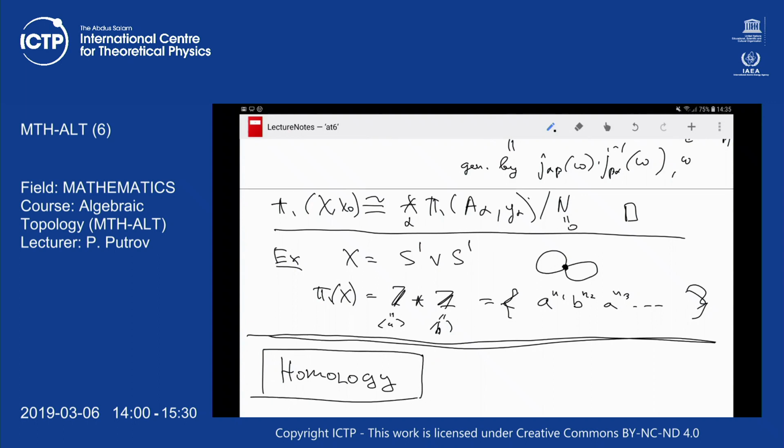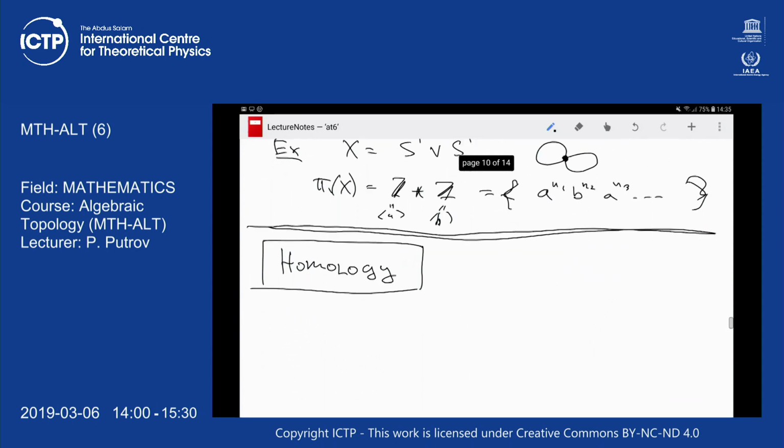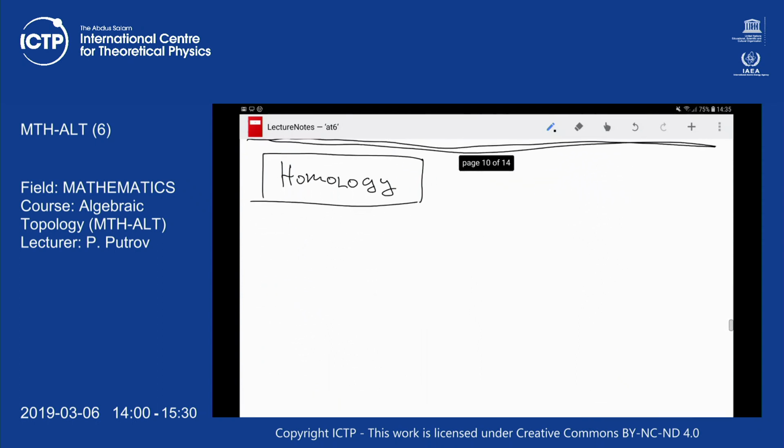Let me start talking about homology. Are there any questions about the fundamental group? Okay. So this is another invariant. The homology will give us another invariant of topological spaces.